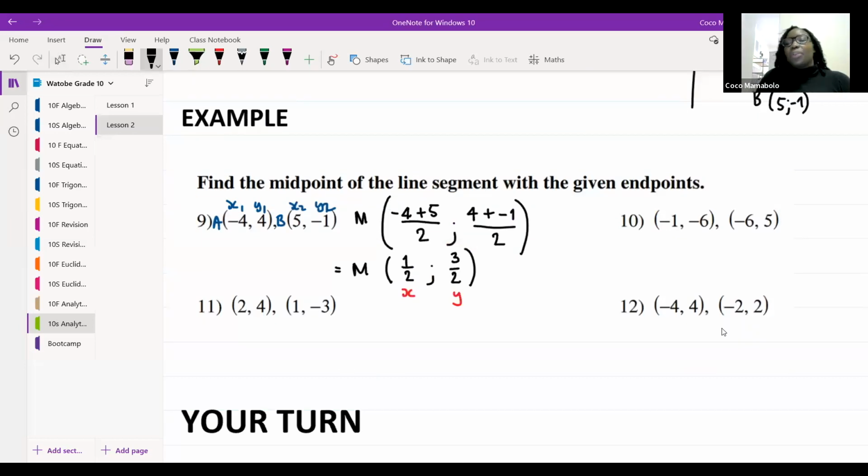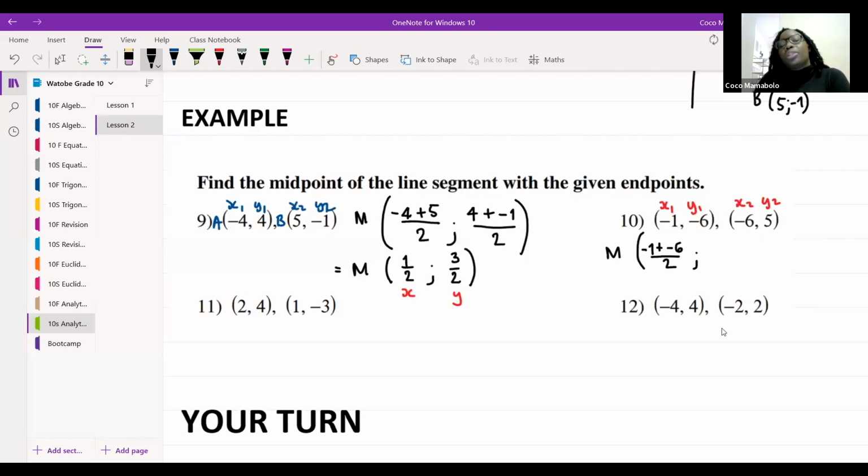All right, so these are my 2 points. These are x1 and y1, and I'm going to name this one x2 and y2. We're going to use the midpoint formula here. M is equal to, x1 plus x2, so I'm going to take -1 plus -6 over 2, and then y1 plus y2.